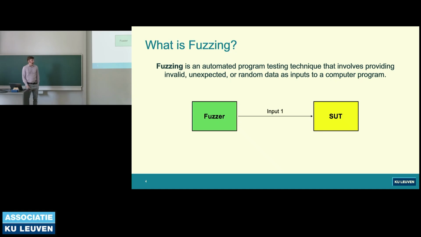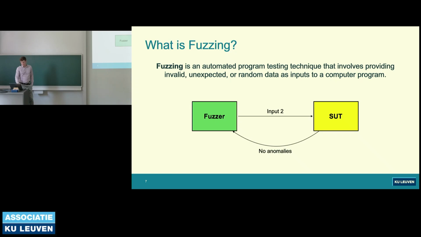The idea is to have the fuzzer send different inputs to the system under test. In this presentation, I'll refer to this computer program as the system under test. The fuzzer gets some kind of feedback by observing the behavior of the system under test, and the idea is to use fuzzing to find anomalies in that behavior. As a quick example, let's say we send the first input and get no anomalies.